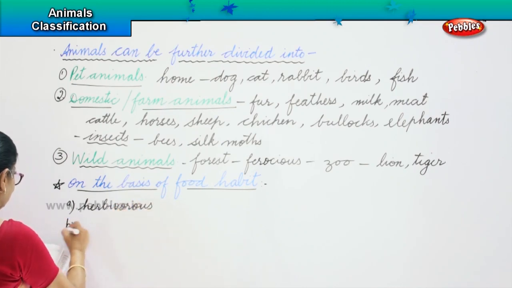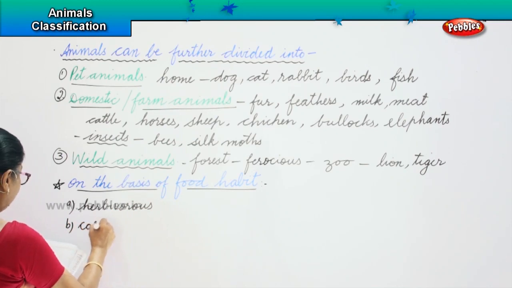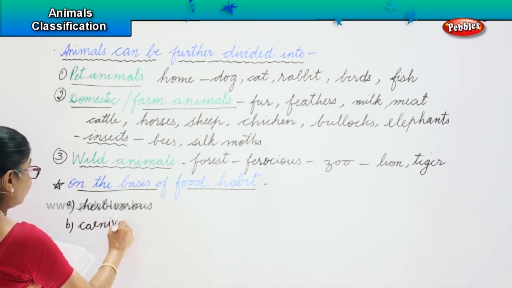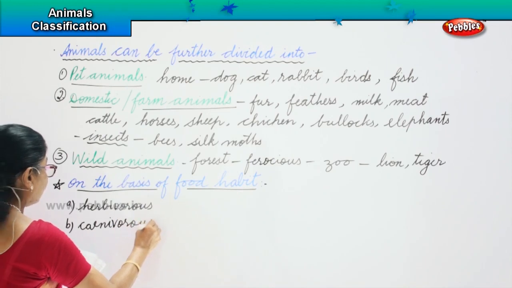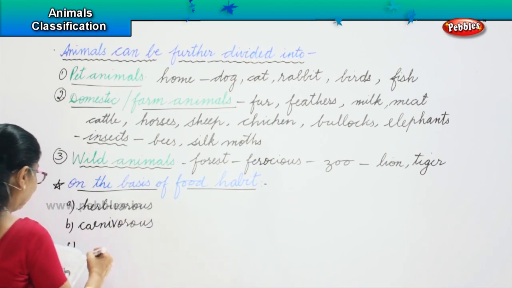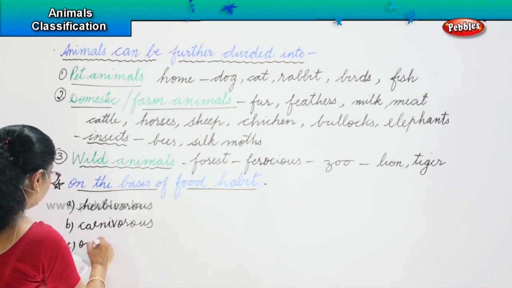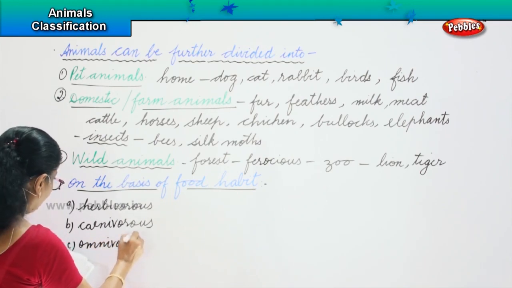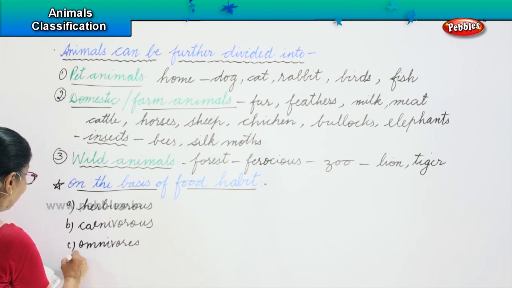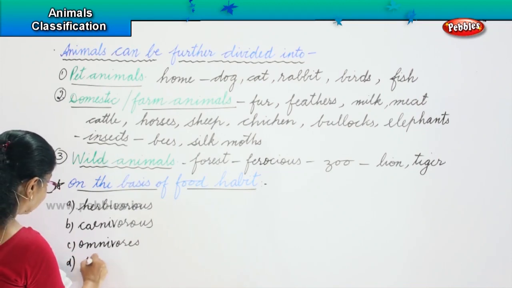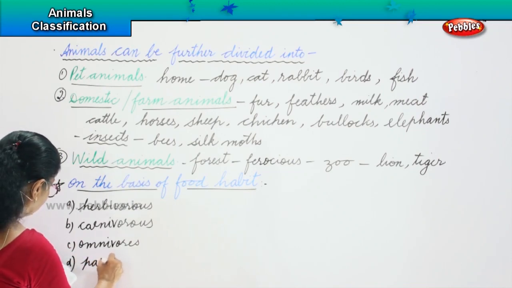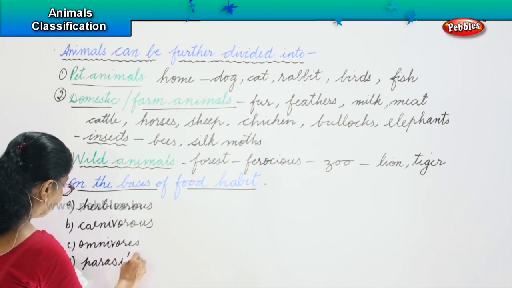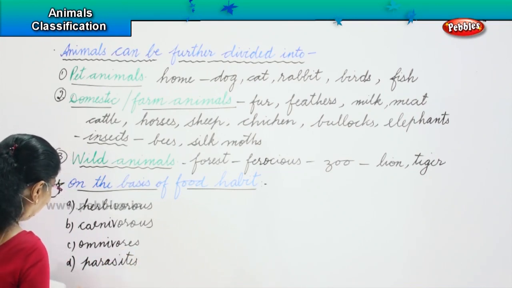Next category, carnivores. Then third category, omnivores. Then we have parasites. And finally we have scavengers.